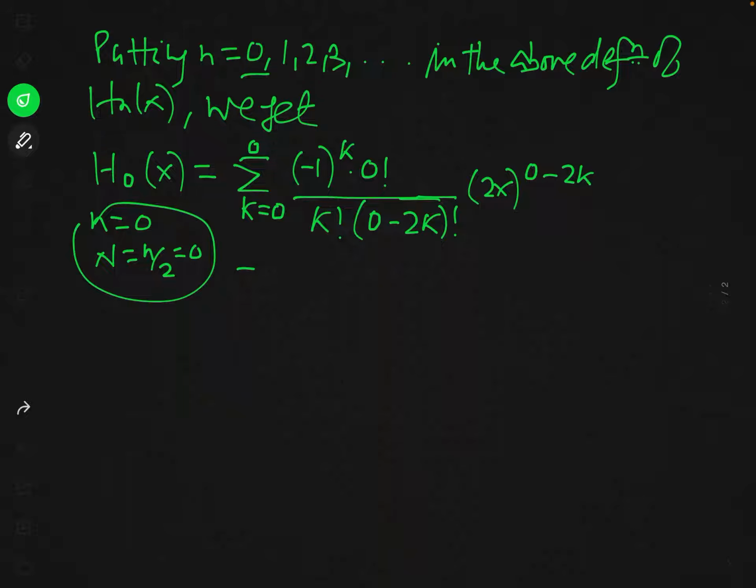Now let us simplify it. Since the lower and upper limits of this summation are both 0, there will be only one term, and we simply put k equal to 0.